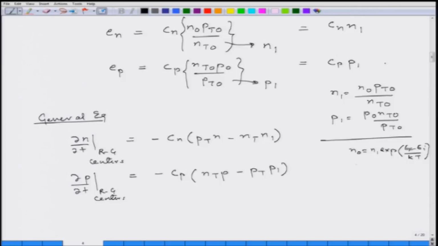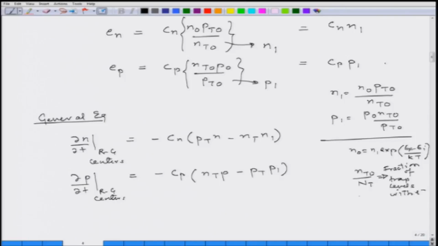And what is n_T0 and p_T0? That is the equilibrium n_T0 divided by capital N_T, which is basically the fraction of trap levels with electron.